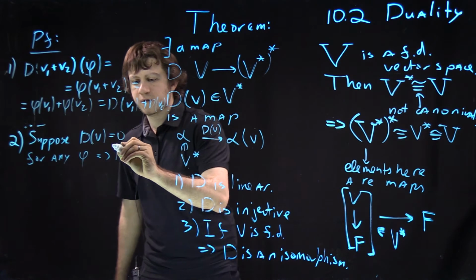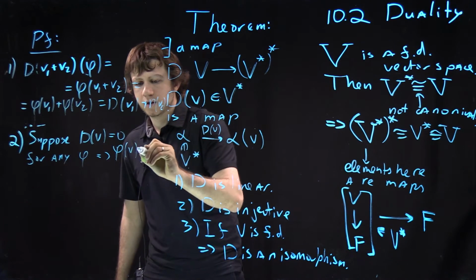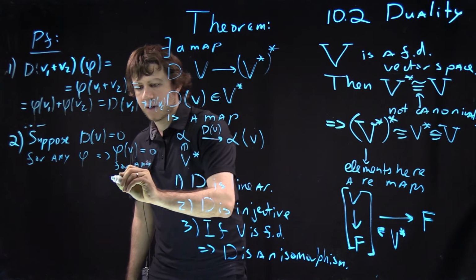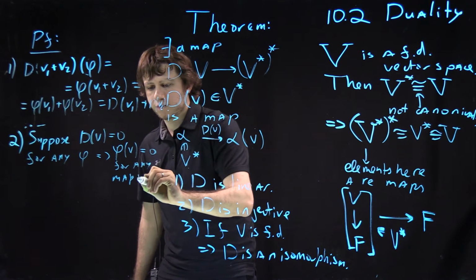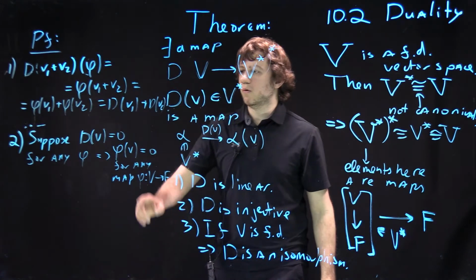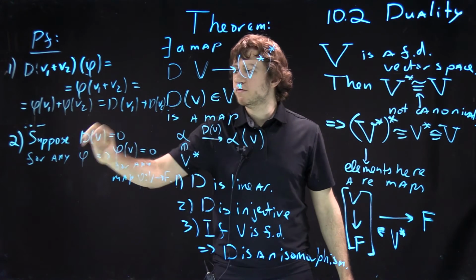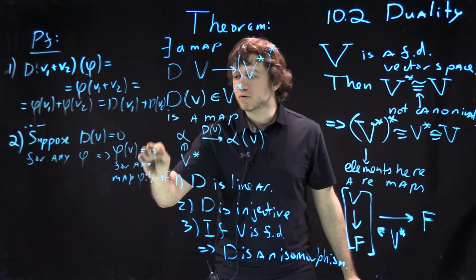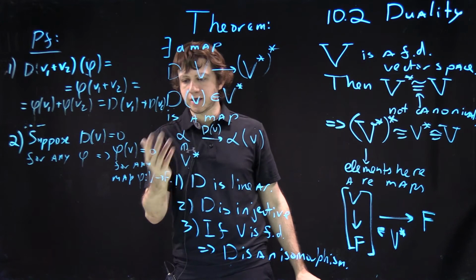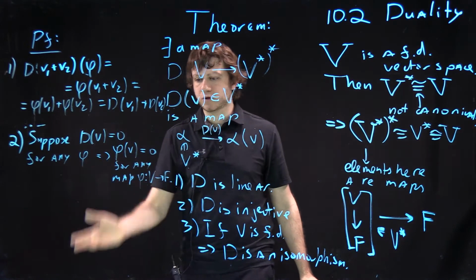Then it means that phi of v equals 0 for any map phi from V to F. So if D of v equals 0, it means every linear functional is equal to 0 on v. So why can this not happen? Because it is really easy to write down a functional which does not have this property.